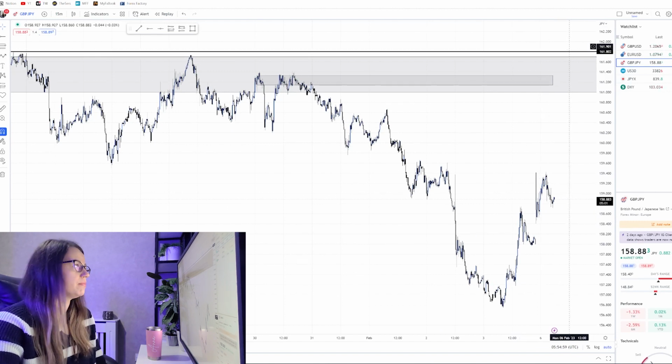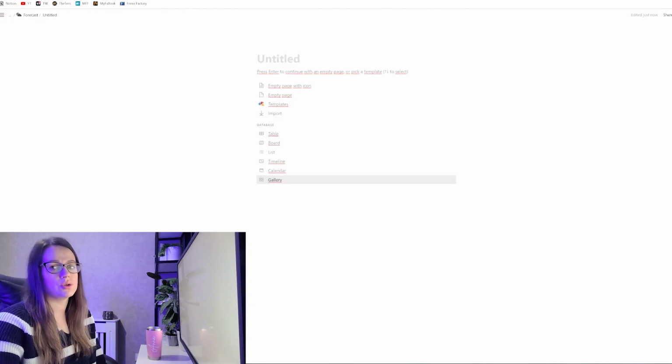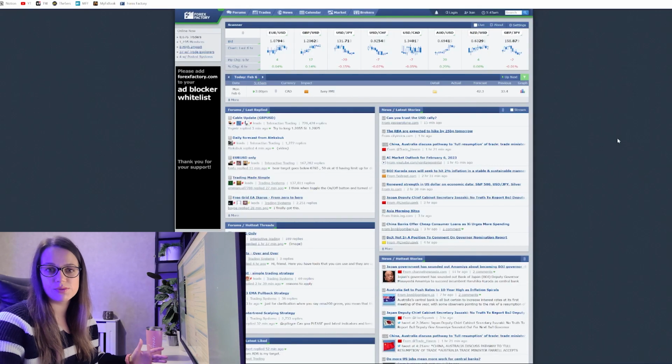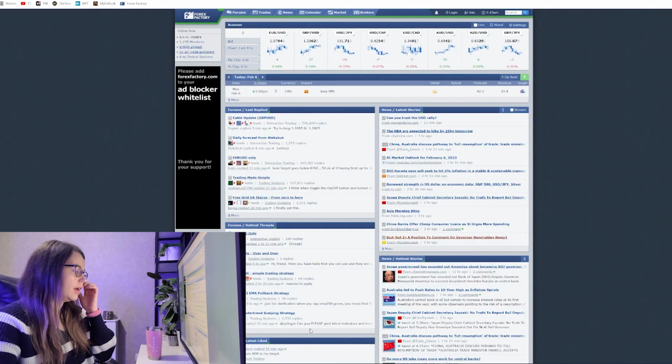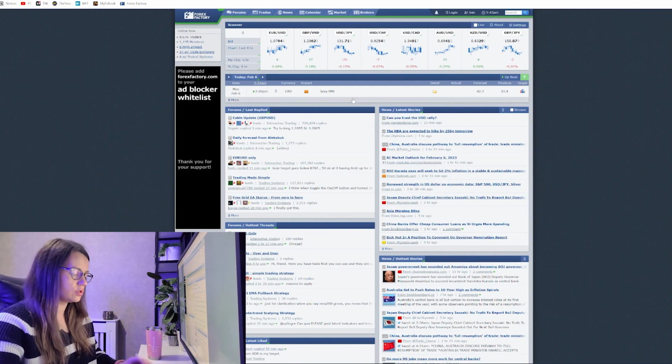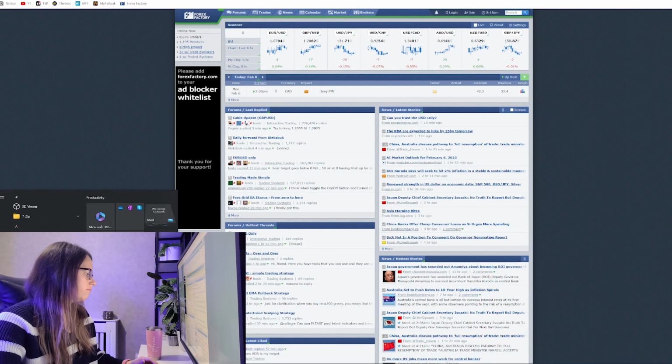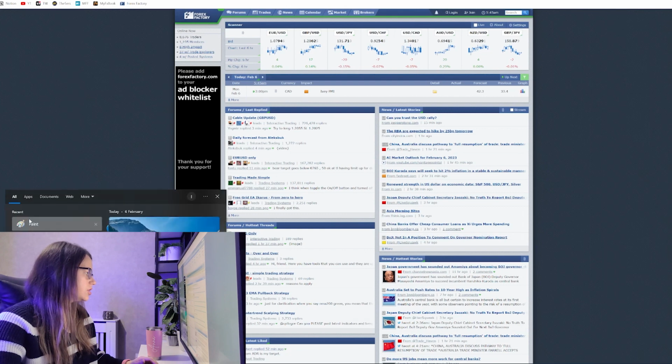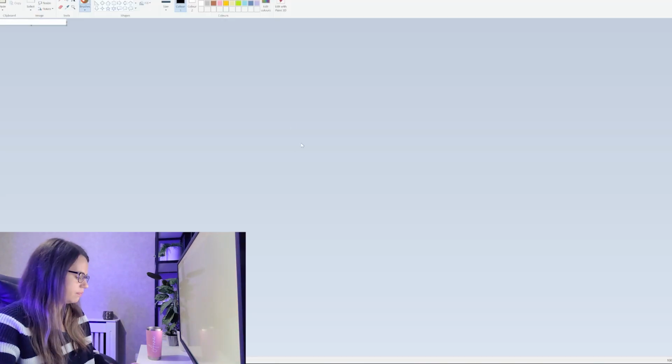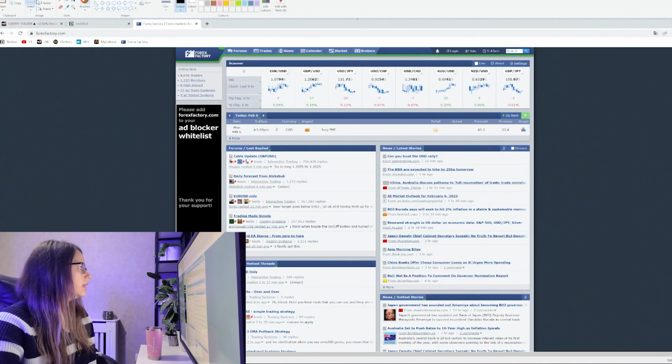So that's the GJ. Now for the Notion: when I normally start my forecast, I am just looking at the news. For news, there's really nothing much happening, so I just screenshot it and cut it out so I can have it in Notion and everything is organized in there.